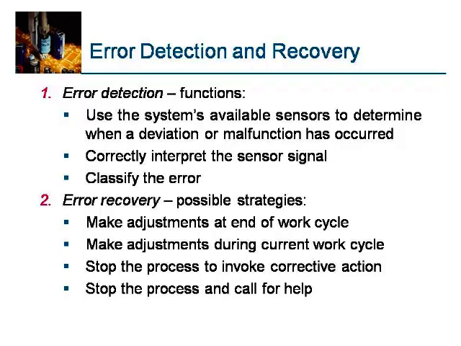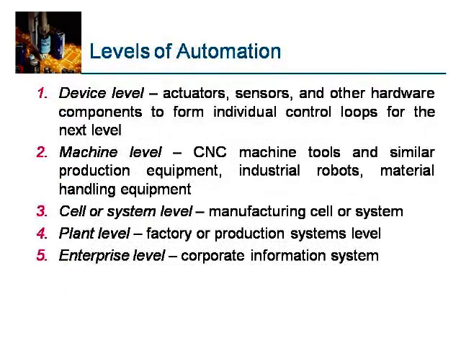Let us see the levels of automation. You can implement automation at different levels. The first is the device level: actuators, sensors and other hardware components form individual control loops for the next level. This kind of automation is called device level automation.